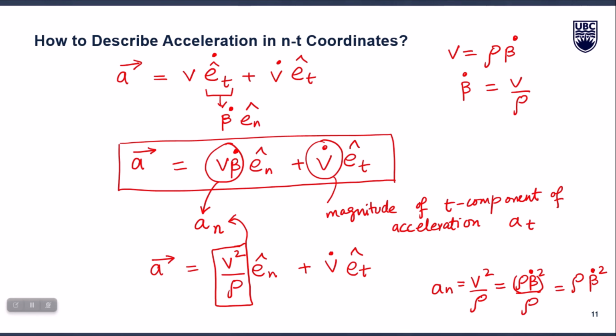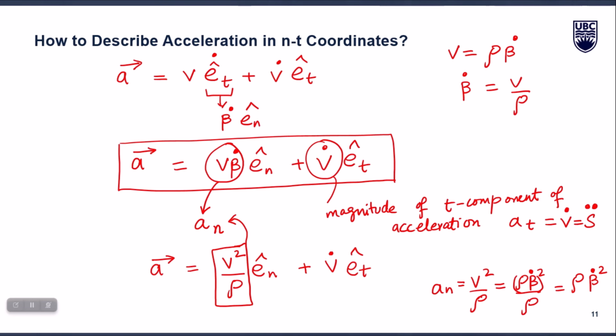But v dot, which is simply a sub t, is simply the first derivative of the magnitude of velocity with respect to time, or it is the rate of change of speed, right? It can also be represented by s double dot, where s is the distance.